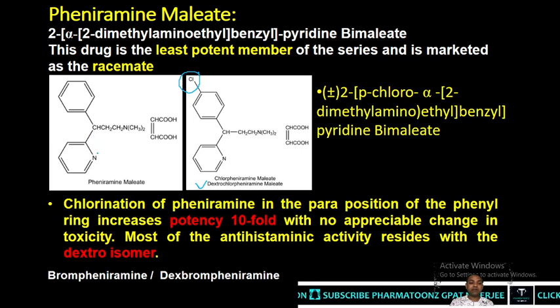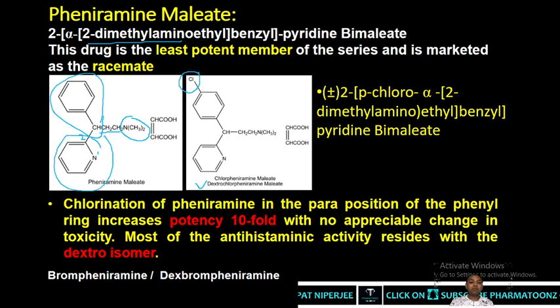IUPAC nomenclature again: in pheniramine, number 1 and number 2, 2-dimethylaminoethyl. So this is called 2-dimethylaminoethyl. Then benzyl, so this whole group is called benzyl, and last is pyridine. This drug is the least potent member of the series, and this is marked as a racemate.